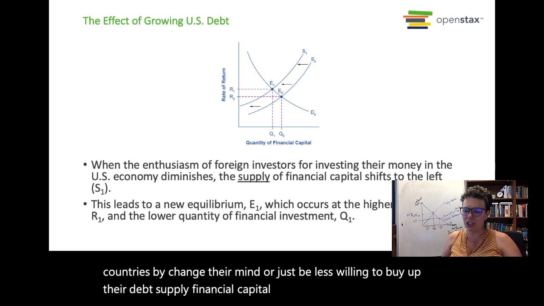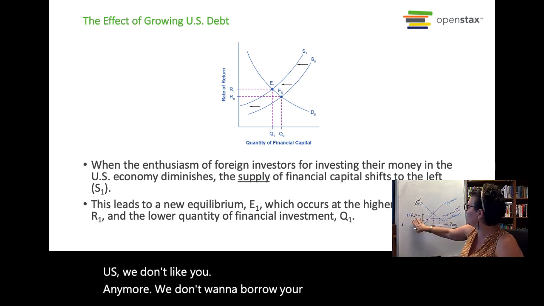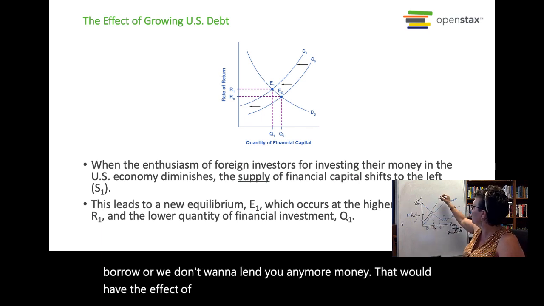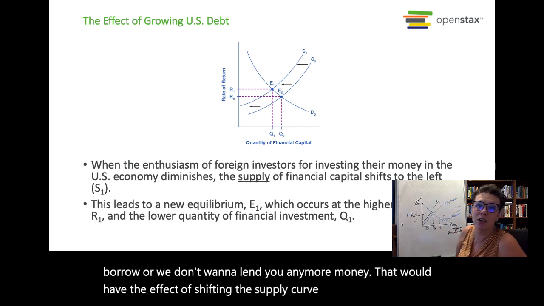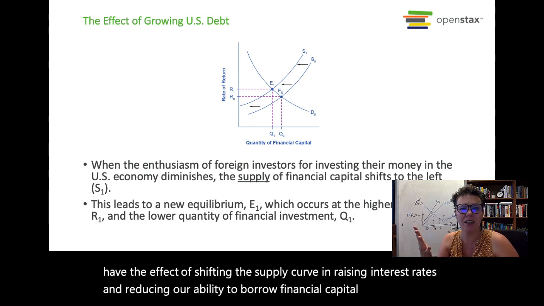If, say, Japan decides, you know, U.S., we don't like you anymore, we don't want to lend you any more money, that would have the effect of shifting the supply curve in, raising interest rates, and reducing our ability to borrow financial capital. Does that make sense?